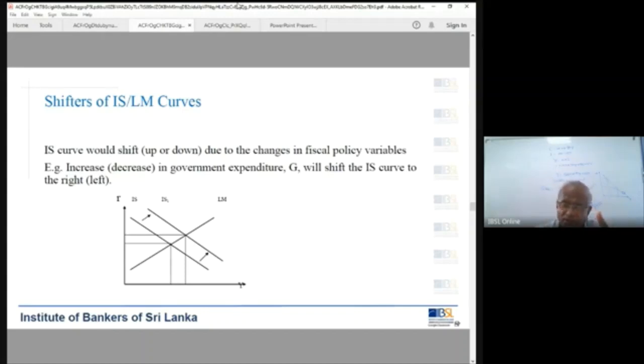Then the government cannot say no to the interest payments on foreign and domestic loans. No way. Then the government cannot cut welfare expenditure, pensions, Samurdhi, the fertilizer subsidy. So current expenditure is extremely difficult to cut.